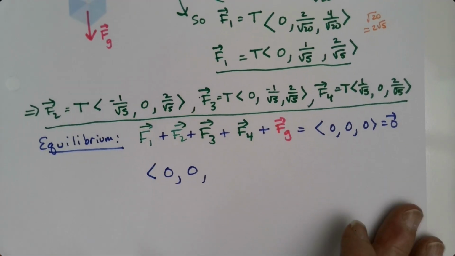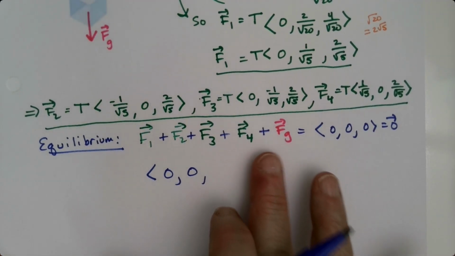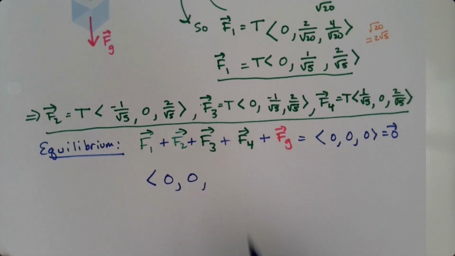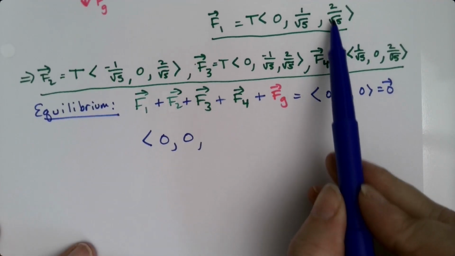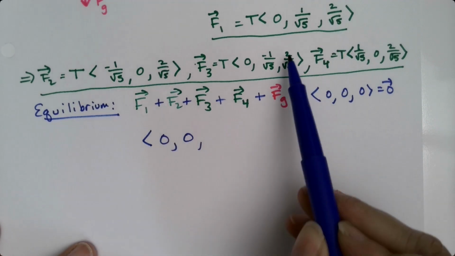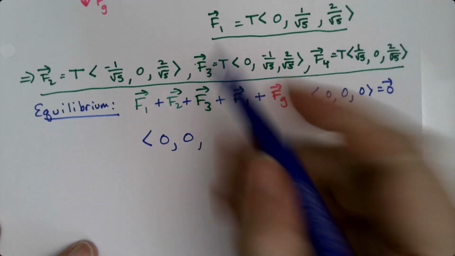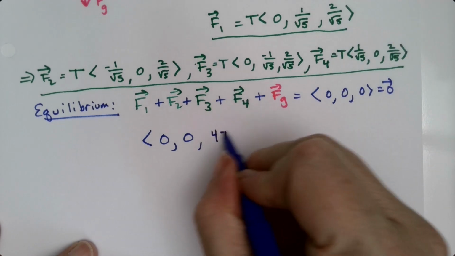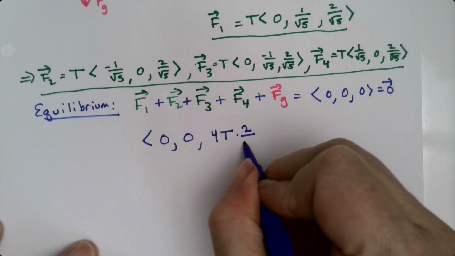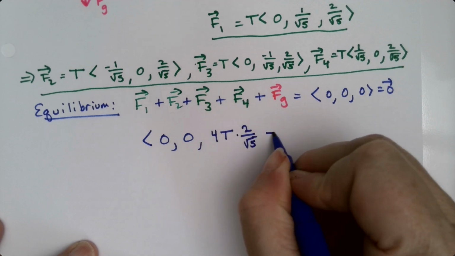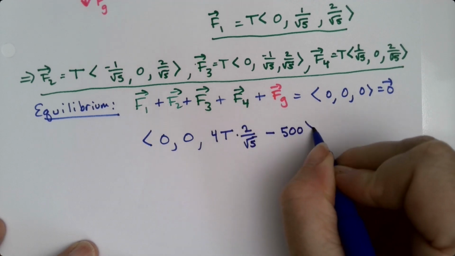So now let's look at the z component. This is where the rubber meets the road. So we have a negative 500. We have a 2 over the square root of 5, a 2 over the square root of 5, another one, and another one. So we have 1, 2, 3, 4 t times 2 over the square root of 5 minus 500.